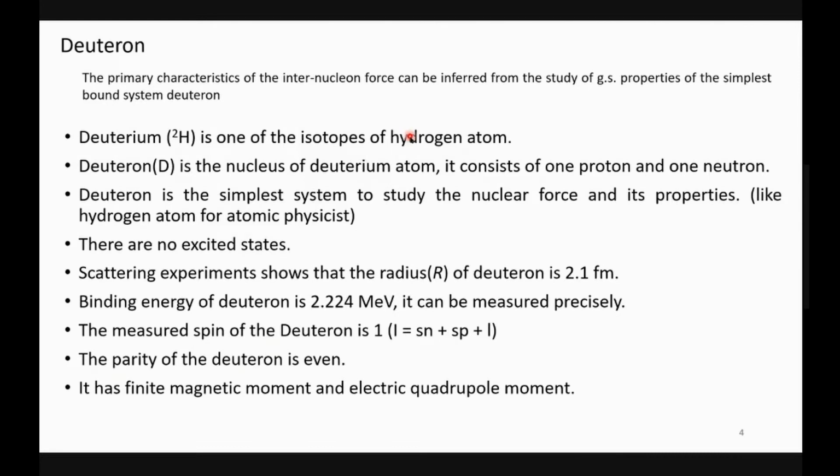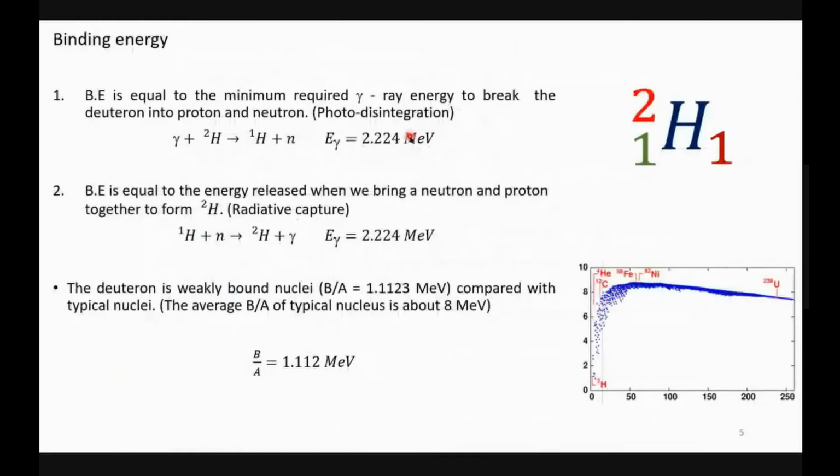As I have mentioned, the binding energy of the deuteron is 2.224 MeV. We can obtain information about the binding energy through some of these reactions. For example, the binding energy is equal to the minimum energy required for a gamma ray to break the deuteron into a proton and a neutron.